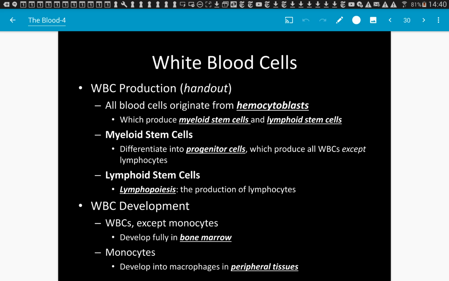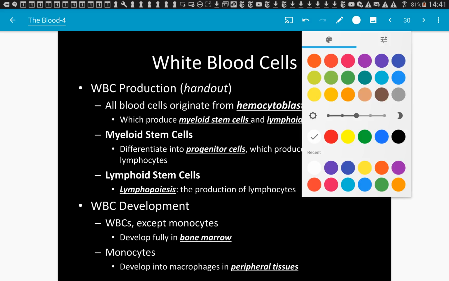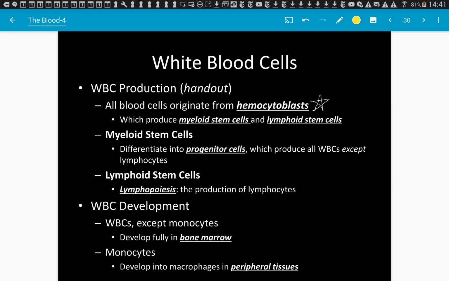You don't need to know a ton of this, but note here, all blood cells originate from one type of cell, and that is called a hemocytoblast. So I did yellow, so that's more obvious. Yeah, so they all originate from that.